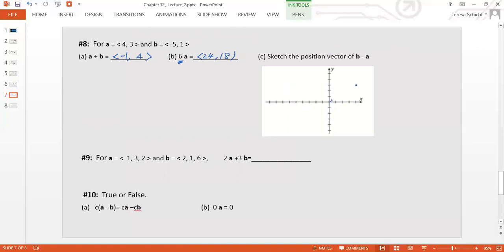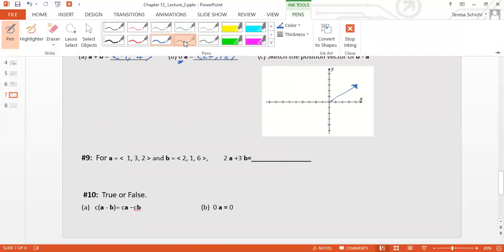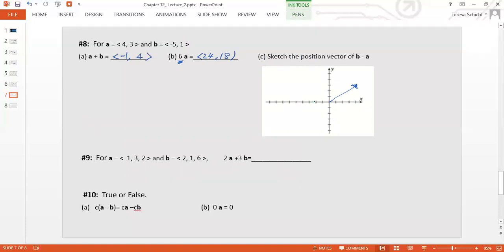So, okay, then B is negative 5 and 1, right? So it's 1, 2, 3, 4, 5, and the 1 here, right?